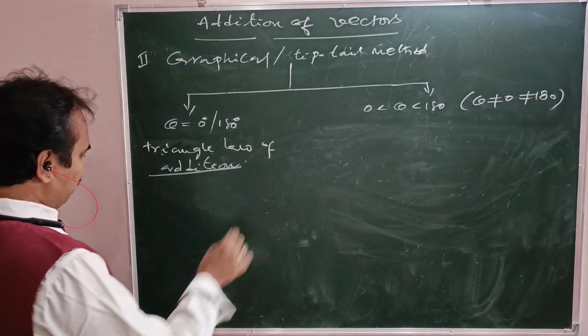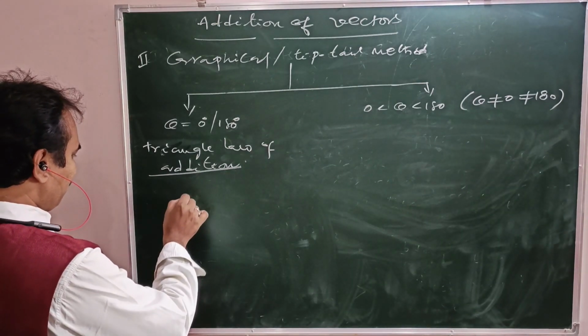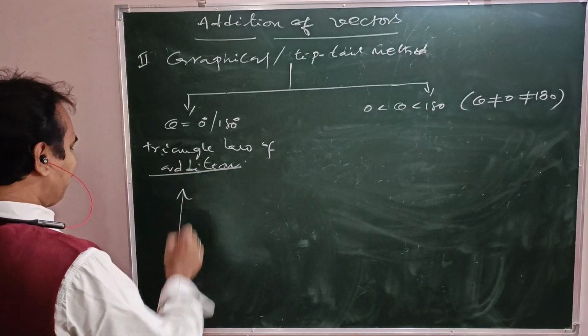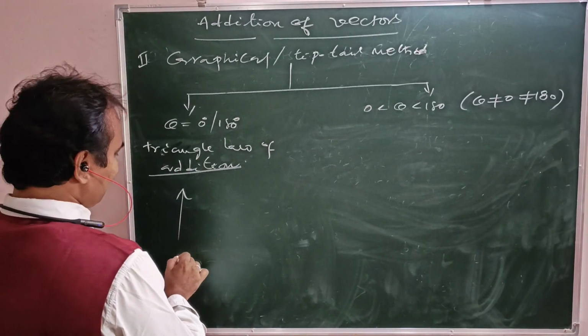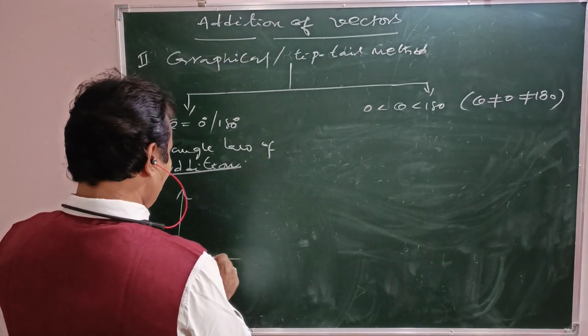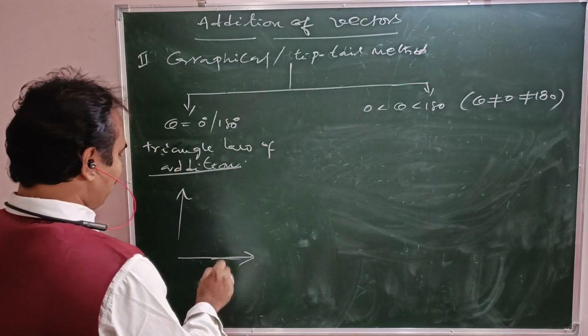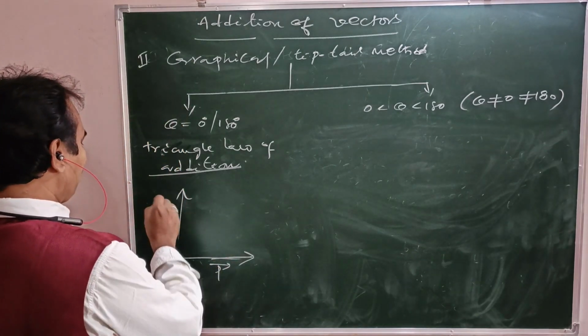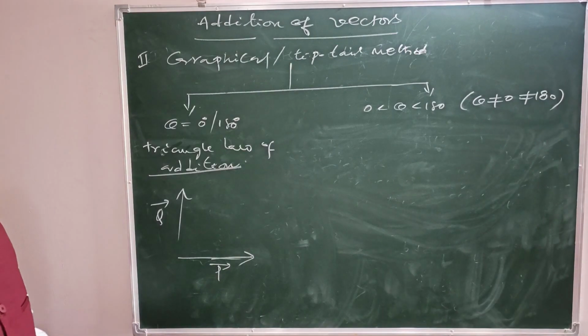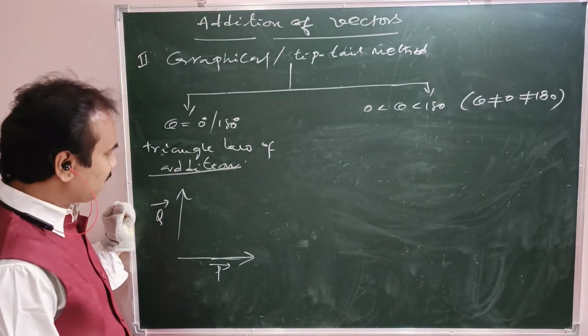Suppose here we have two vectors like that. This is one vector. This is another vector, for example. This is P bar. This is Q bar. So two planar vectors are given, right?